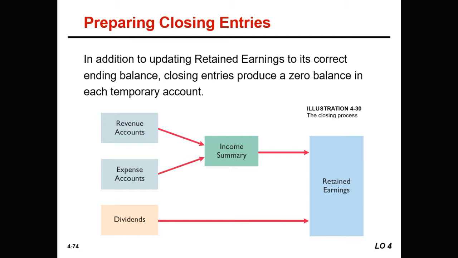If you look at an income statement, there's one in illustration 427 in your book. The top of it says the date is for the month ending October 31st, 2017. How can you be sure that the revenues and expenses reported on this income statement are just for that period?